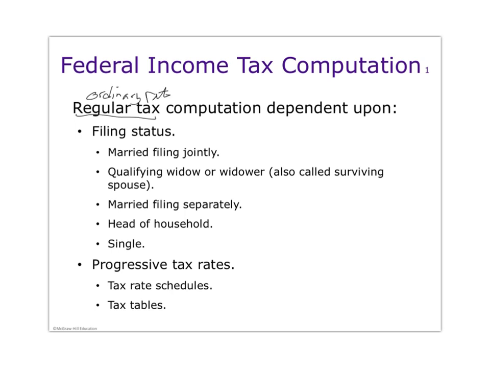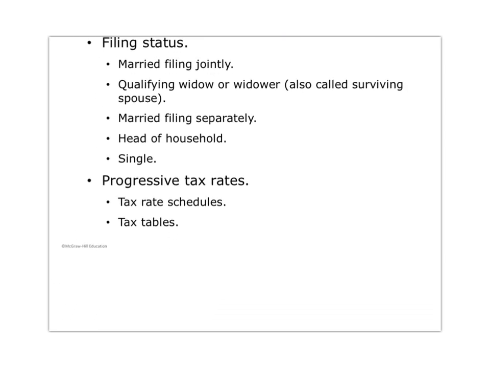And we know it depends on filing status, and we've got a progressive tax rate schedule, and you already know that you need to use the tax tables, okay? So that's nothing new so far in this chapter.